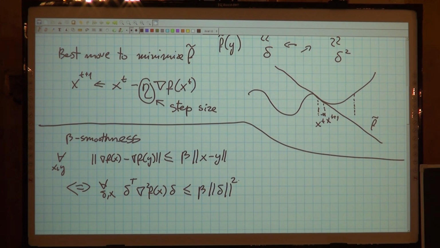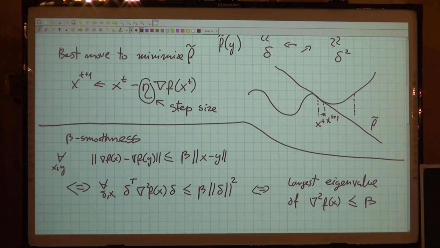Equivalently, this just says that the largest eigenvalue of the Hessian is at most beta. Okay?